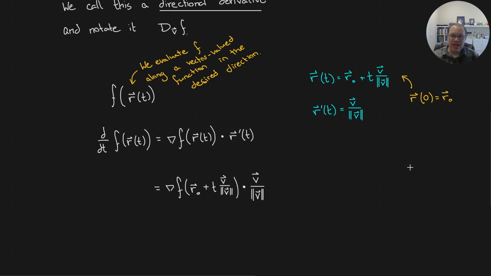Since I'm interested in the rate of change at r naught, I want to plug in t equals 0 so I can find the rate of change when I'm plugging that point into f. If I plug in t equals 0 here, this just goes away, that would just go to 0, and I just have r naught. So gradient of f at r naught. And then there's no t over here, so that just stays the same.